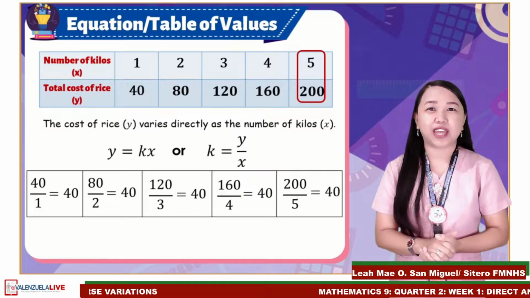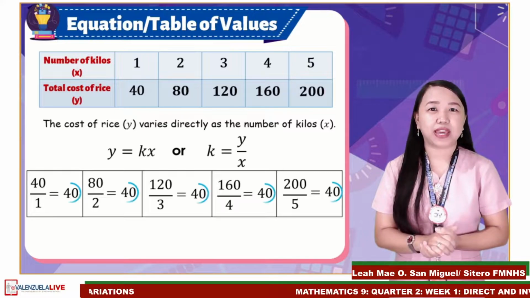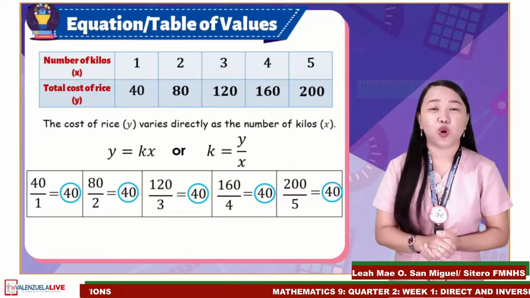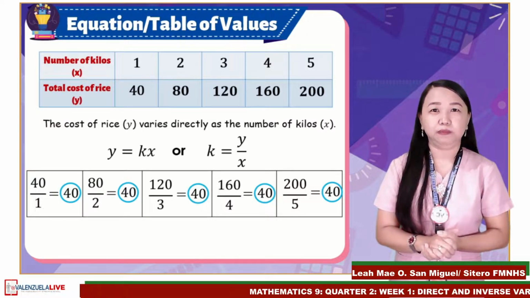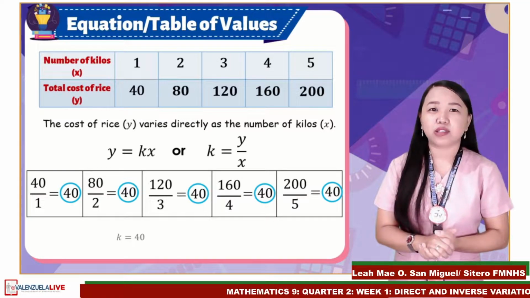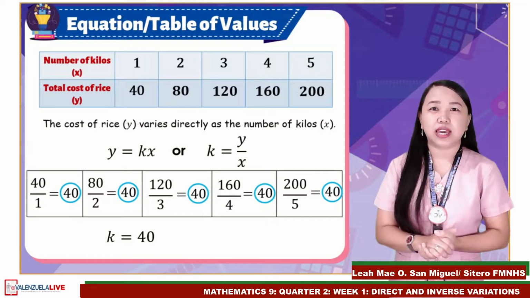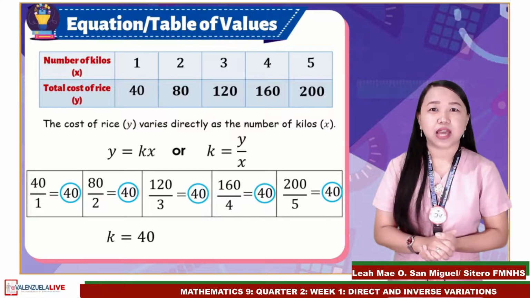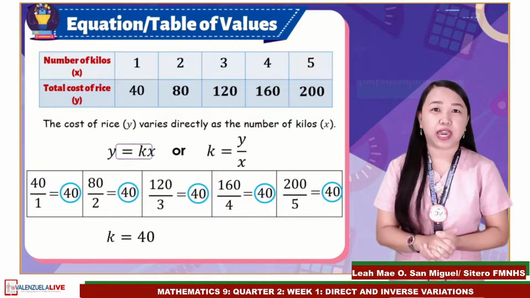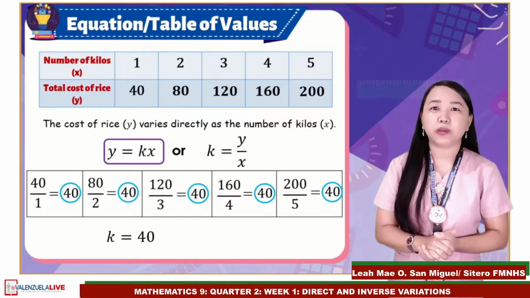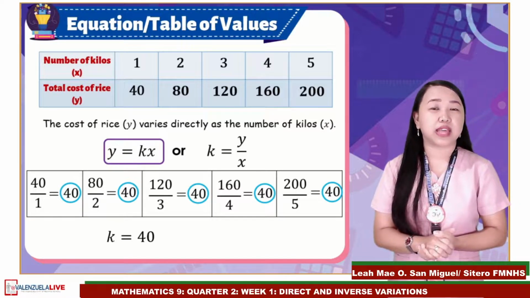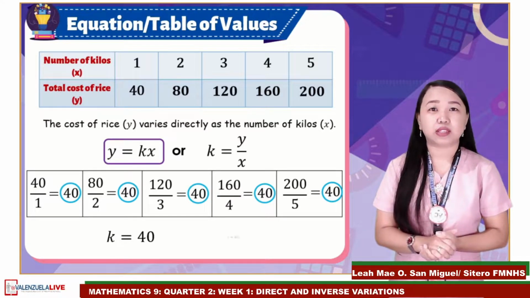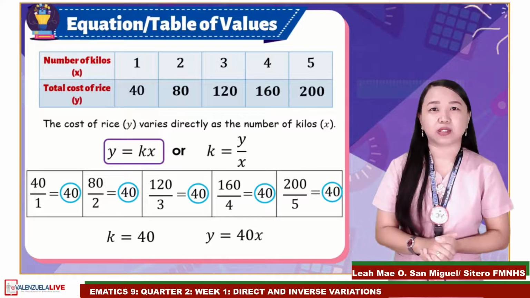The quotient of y divided by x is constant, which is 40. Therefore, the constant of variation is 40. Substitute the value of k. The equation that represents the table of values is y is equal to 40x.